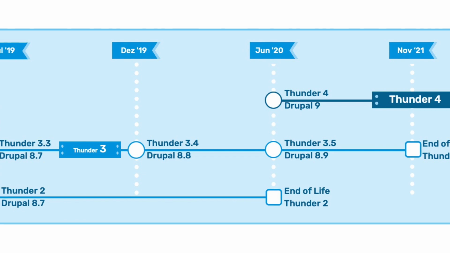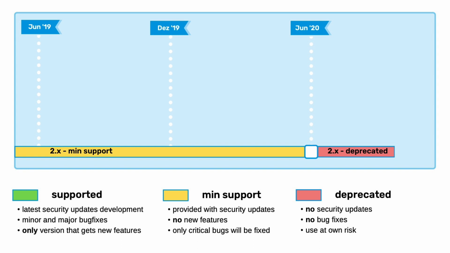To explain that a bit more, we can explain our support system. We will have in the future several levels of support. We will have fully supported versions, which will be Thunder 3 for now, which will get all the bug fixes, all the updates, all the security updates, of course, and new features as well.